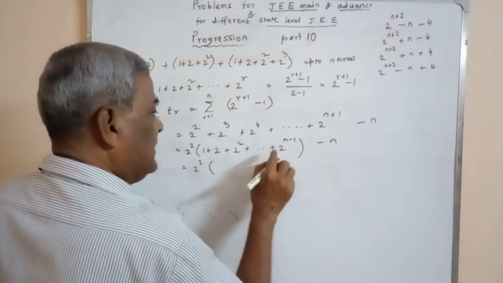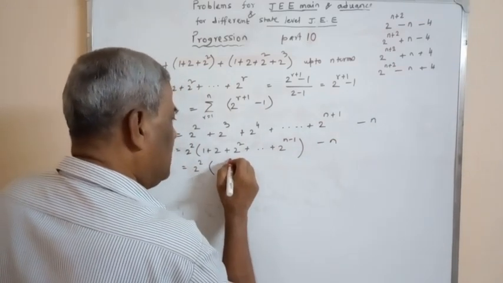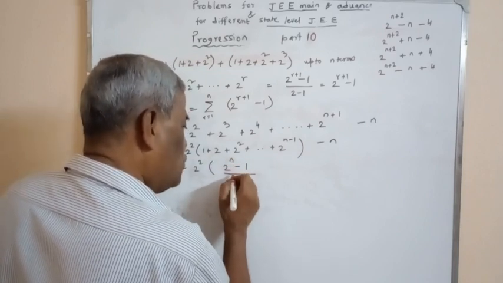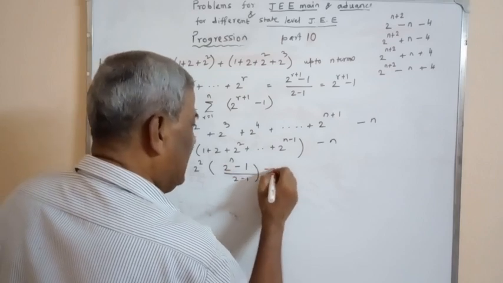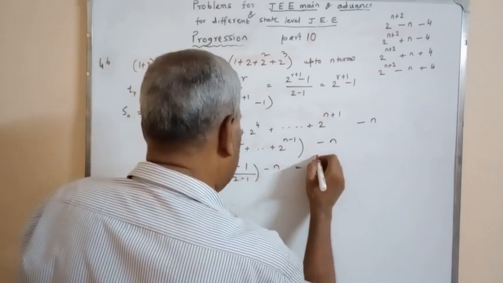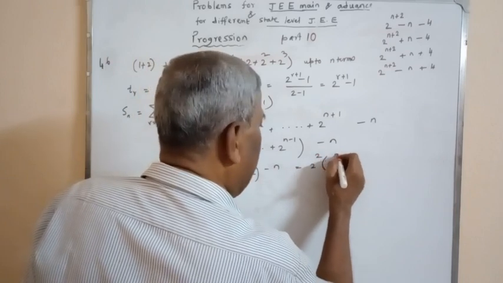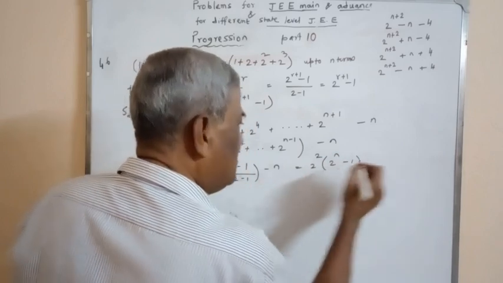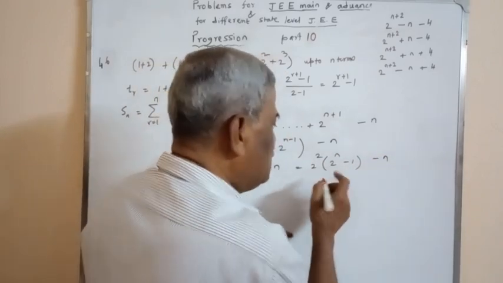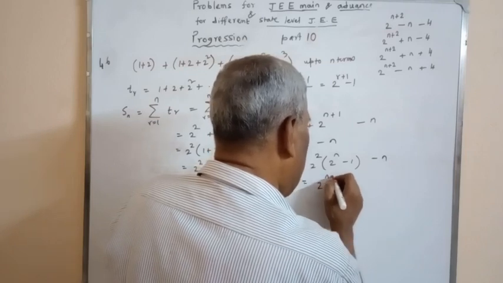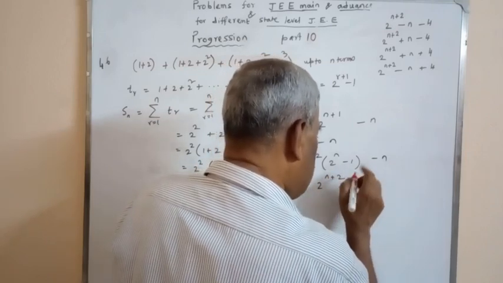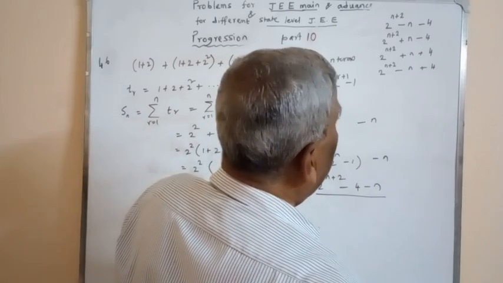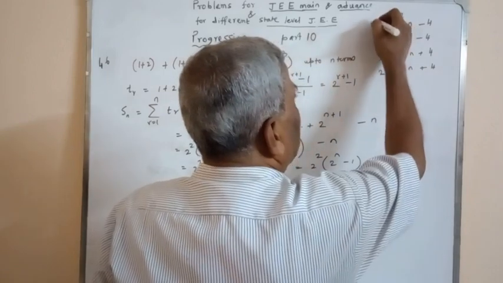So this can be written as 2 to the power 2 into 2 to the power n minus 1 divided by 2 minus 1, minus n. So that this is equal to 2 to the power n plus 2 minus 4 minus n. This is our answer. And you see, first option is correct.